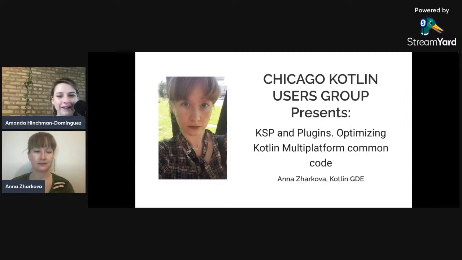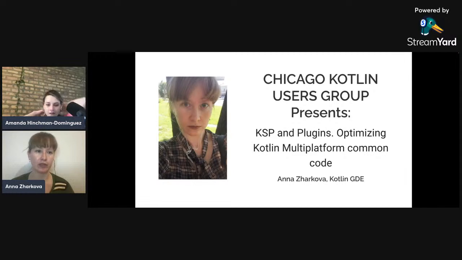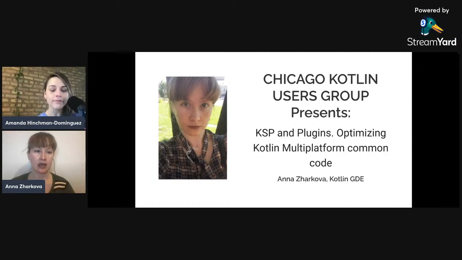So, Anna, what we're going to be talking about is KSP and compiler plugins today. What should we be looking for in the talk? Well, I would like to focus on several approaches to optimize Kotlin Multiplatform common code because sometimes it could be really tricky to make several things or duplicate several boilerplate.